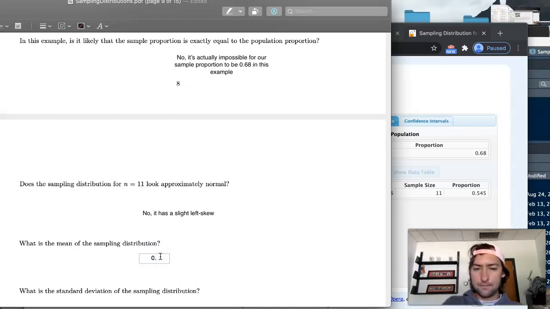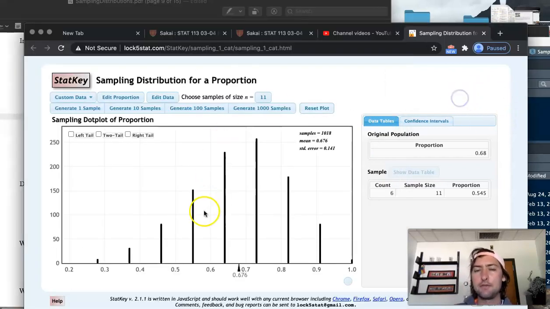But no matter what, it should be close to the population proportion, 0.68. That's an important trait, and it should make intuitive sense that if you were to do this resampling and continually calculate sample proportions, they would be centered around the actual proportion of families who own pets in the US.